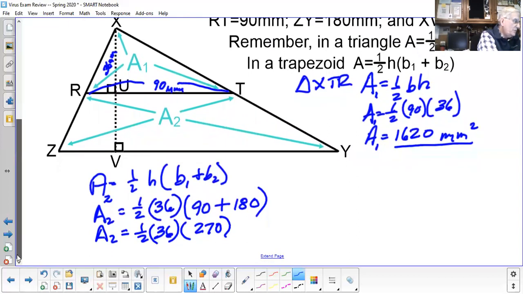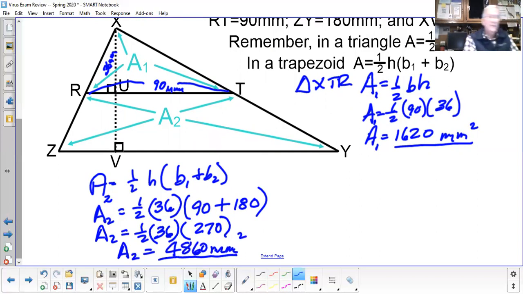Of course, half of 36 is 18. So I'm going to multiply 18 times 270 on my calculator. When I do that, I get 4860 square millimeters of area.